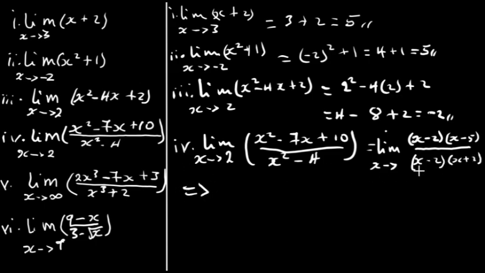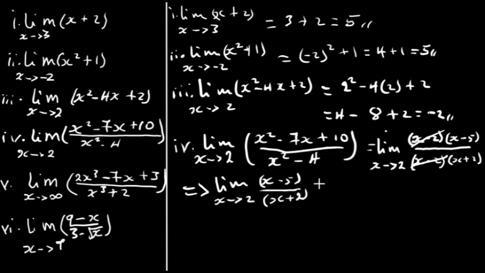Here we can see that this x minus 2 can cancel out this x minus 2. So it will be left with limit as x approaches 2 of x minus 5, divided by x plus 2.